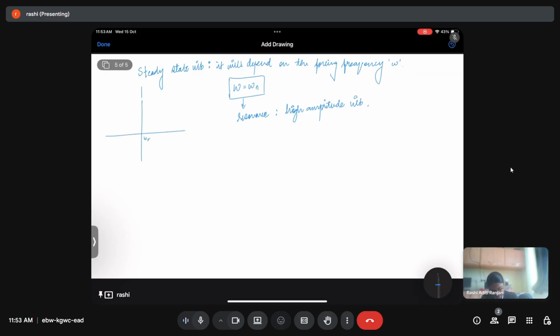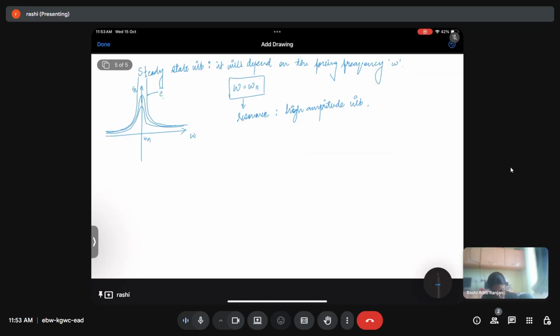Although it is important to note that the peak, for example, if this is omega n and this is the omega axis and this is the amplitude axis x bar, this is the resonance condition. The amplitude is going to reduce like this. I should not write eta as of now.